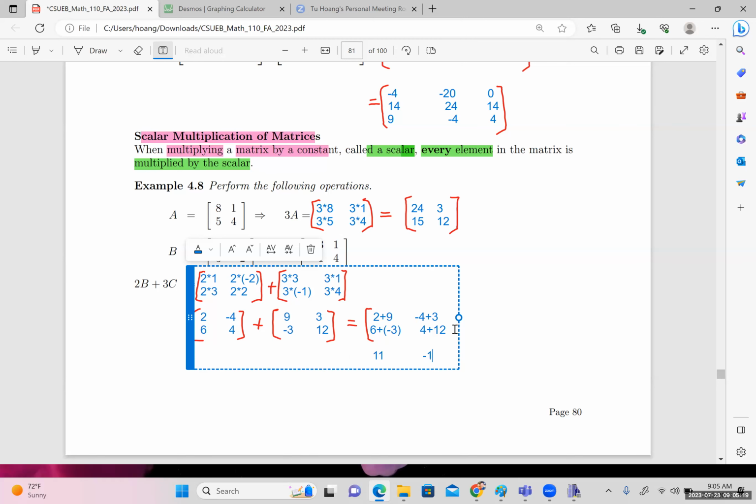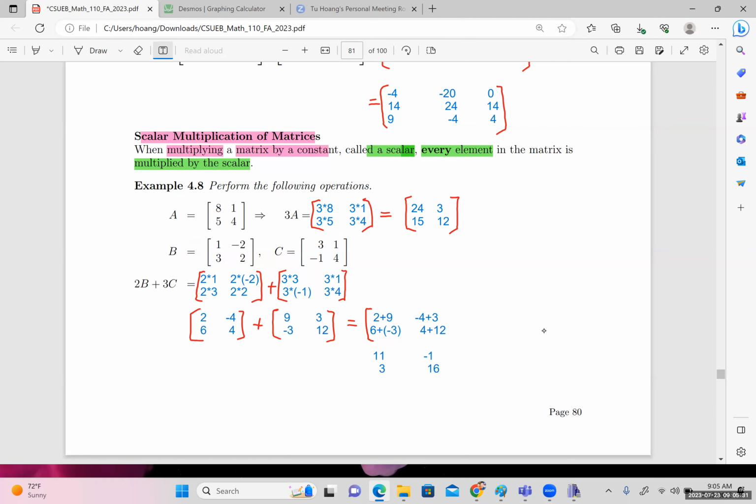This guy is gonna be -1. This one is gonna be 3. This one is gonna be 16. The answer for this combination will be this guy over here.